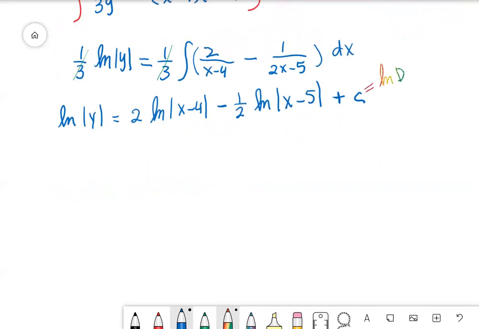Oh, yes, therefore, ln y equals what? It's a bit confusing, huh? Ln y equals where I have this 2 ln.